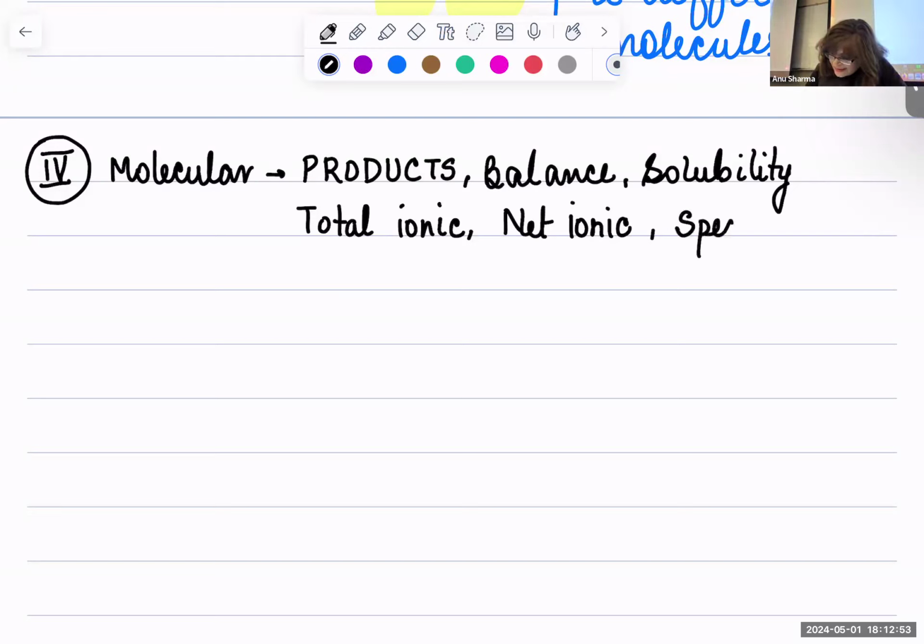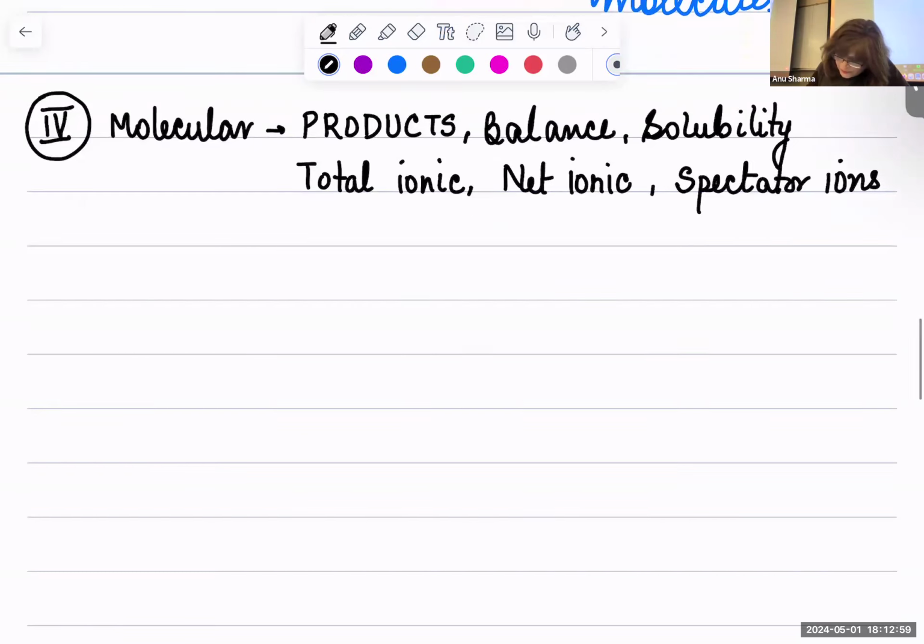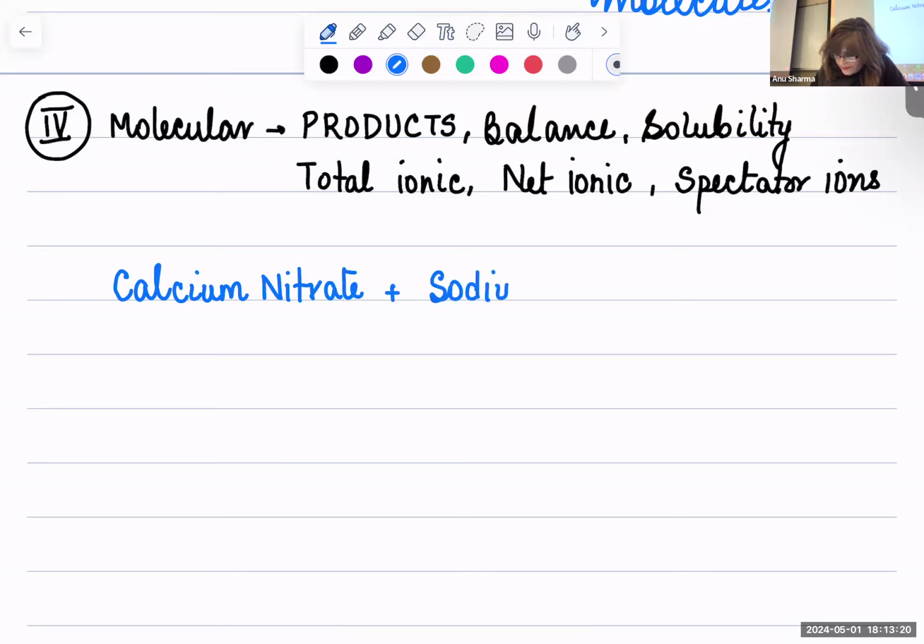So these are the things. Let's look at this scenario. I'm giving some difficult ones: calcium nitrate and sodium phosphate.